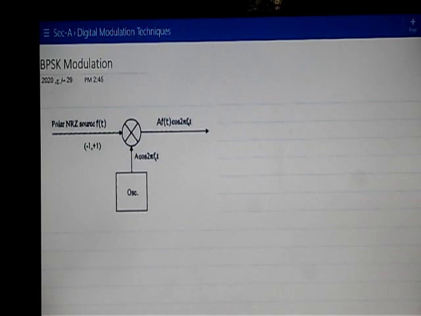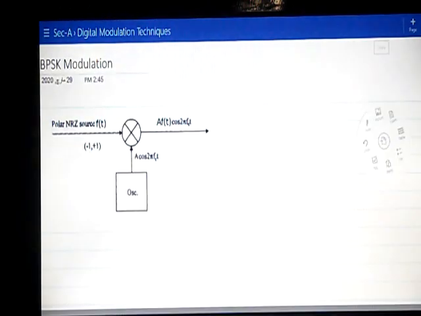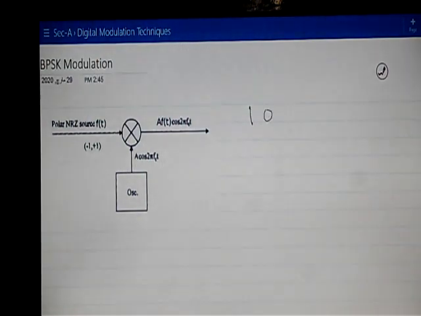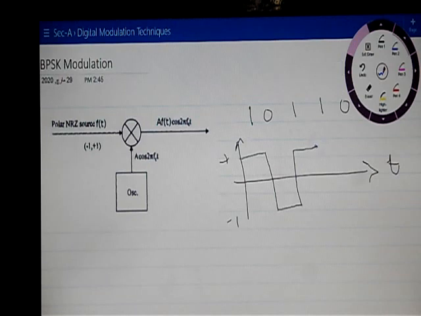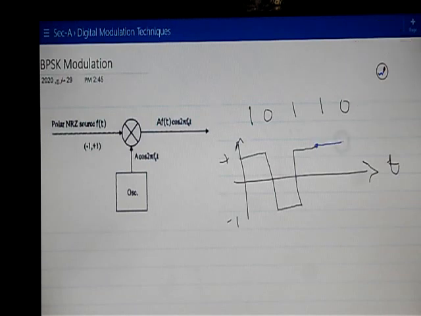Our data is, let me draw the data, 1 0 1 1 and 0, and our NRZ source gives us the output, which is a positive 1 for binary 1, then a negative 1 for binary 0, then again a 1 for binary 1, and another 1 for binary 1, and then a negative 1 for 0. So this waveform is shown in this figure.